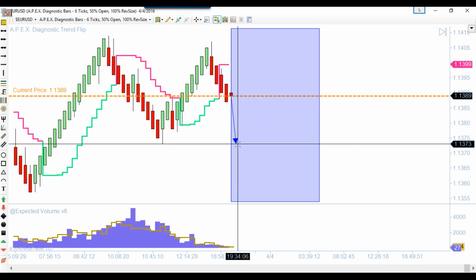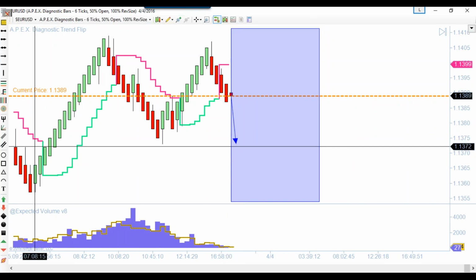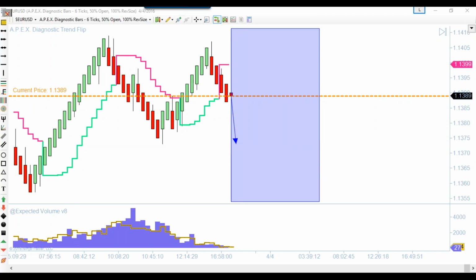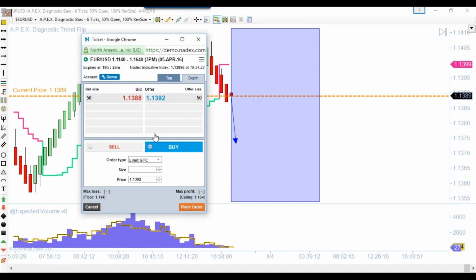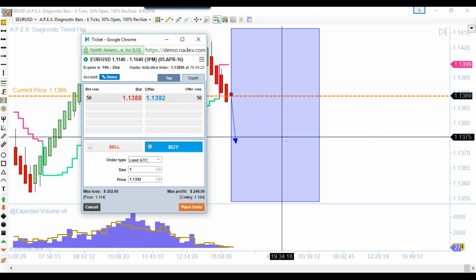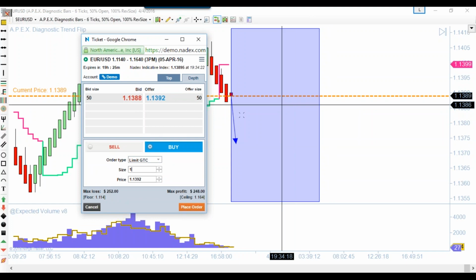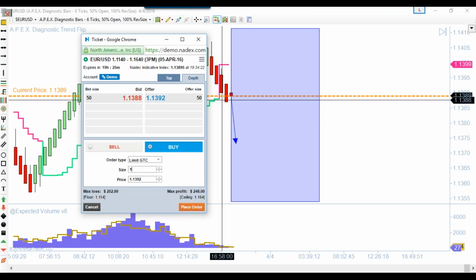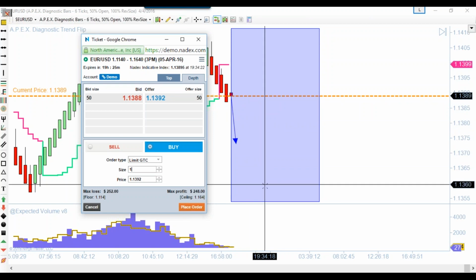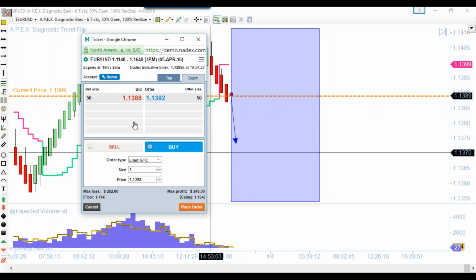So, I had to do that trade, I had to put up how much? I had to put up 250 bucks, right? I had to put that up out of my account just to get in this trade. That is the max loss if the market went down 252 pips against me.